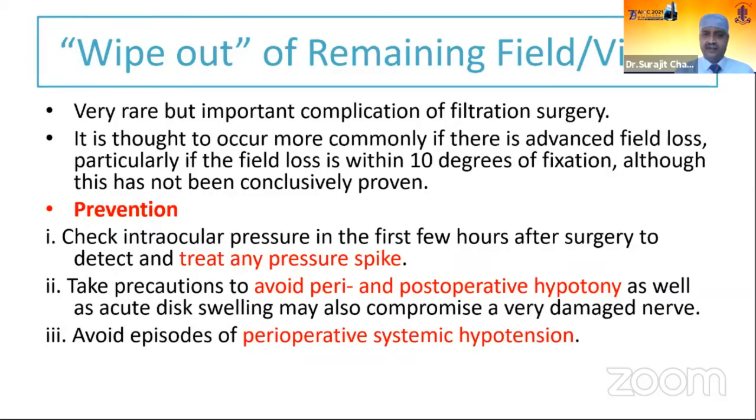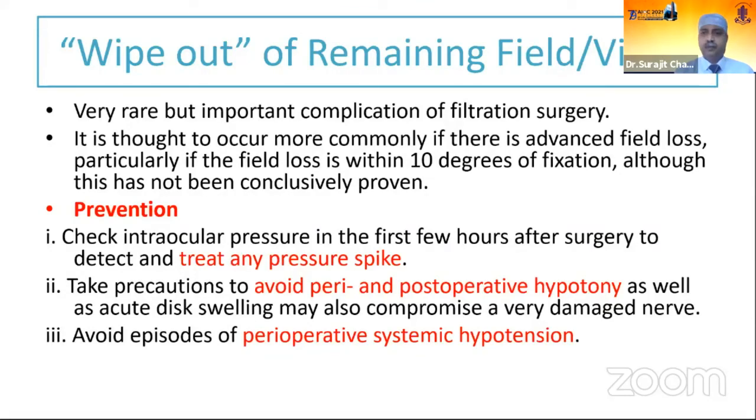Last but not the least is the wipeout of the remaining visual field. This is a very rare but very important complication of filtration surgery, particularly if the field of vision is constricted to less than 10 degrees of fixation. Prevention is to avoid and treat any pressure spikes. As much as possible, pressure spikes should be avoided.